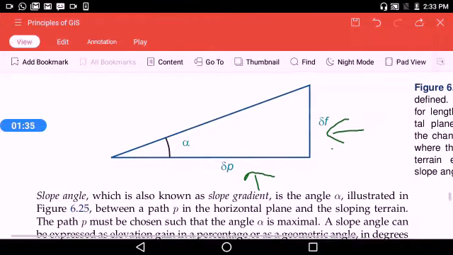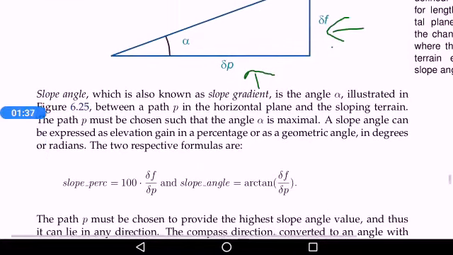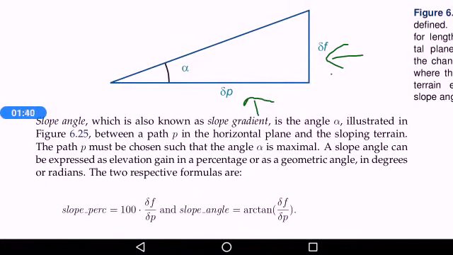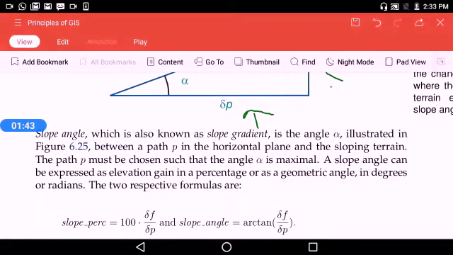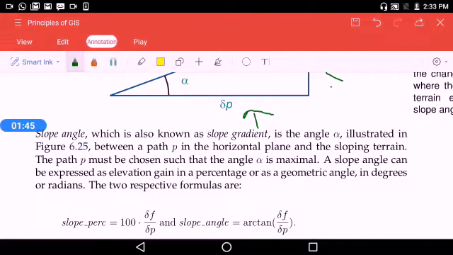Now, how do you get that? Because you can say that tan theta, in this case theta is alpha actually. So tan of alpha is equal to opposite upon adjacent.